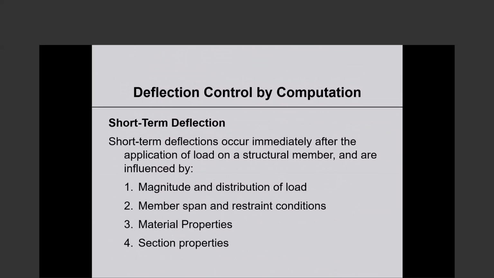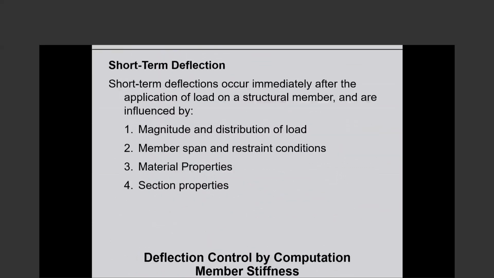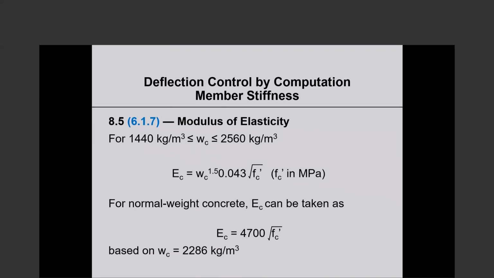Short-term deflection occurs immediately. This I'll let you read, the factors that influence short-term deflection. Okay. In calculation of short-term deflection by ACI 318, the modulus of elasticity of concrete that you use is given by this expression.